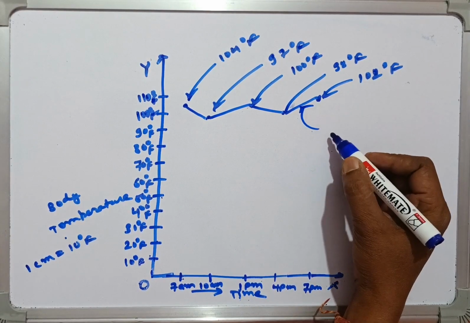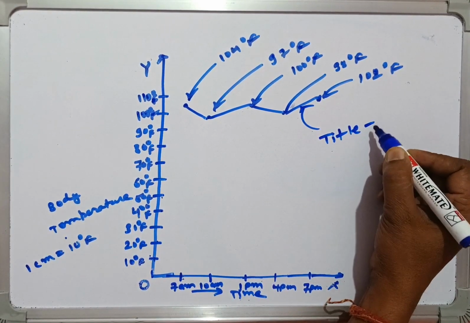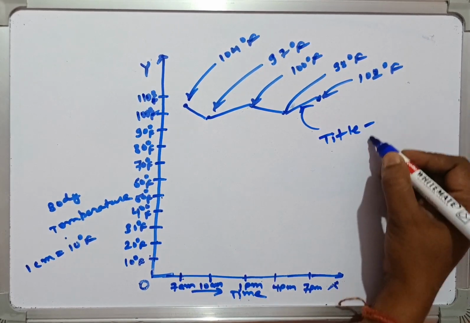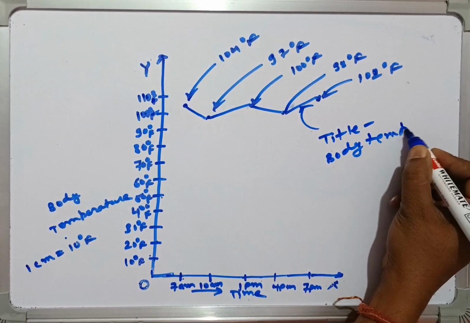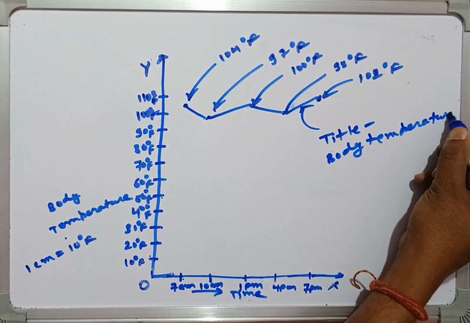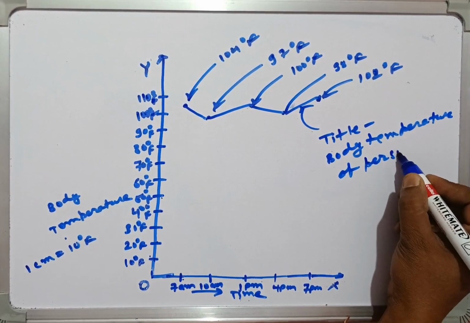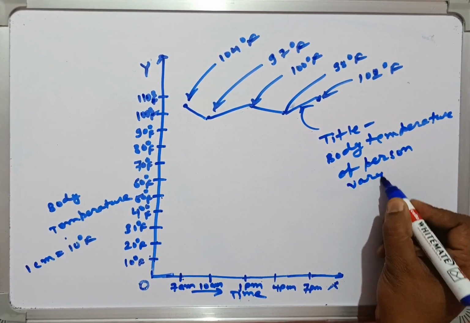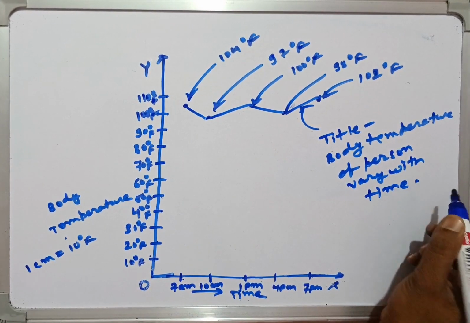You can say the title of this graph is body temperature of a person varying with time.